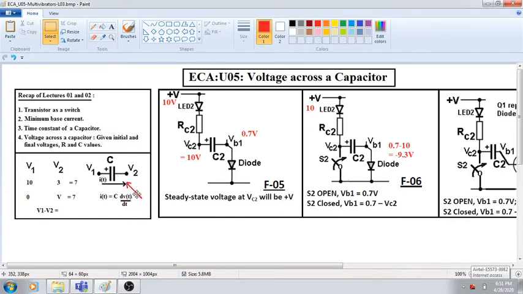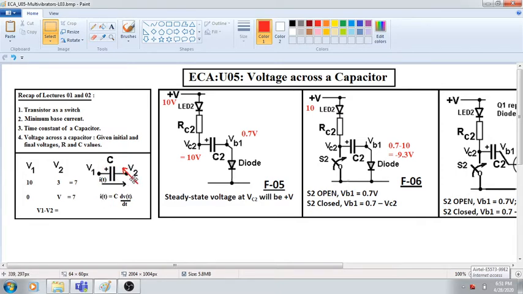Now the answer to this question comes from the fundamental rule that the voltage across the capacitor cannot change instantaneously. That means whatever value was there across the capacitor before this 10 volts became 0, the same value must be there even after the 10 volts has become 0. Please listen carefully.